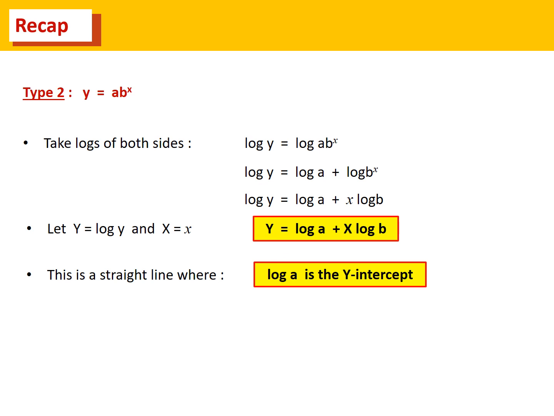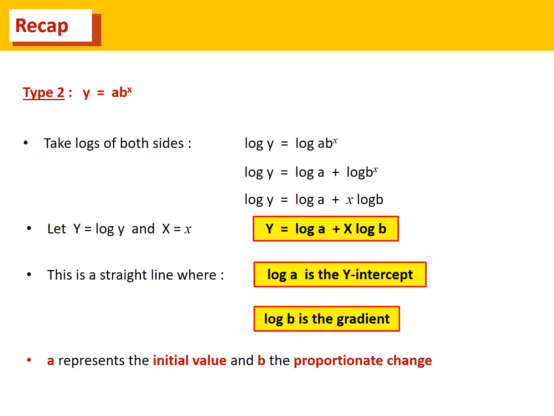Log A is the y-intercept, log B is the gradient, and when we interpret our values A and B, A represents the initial value and B the proportionate change.